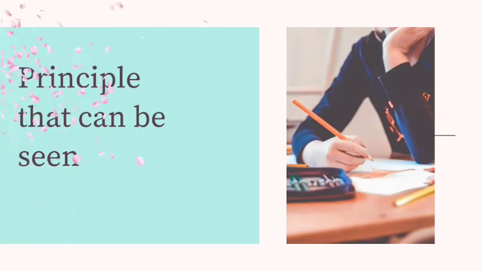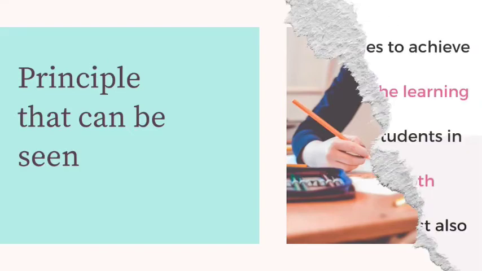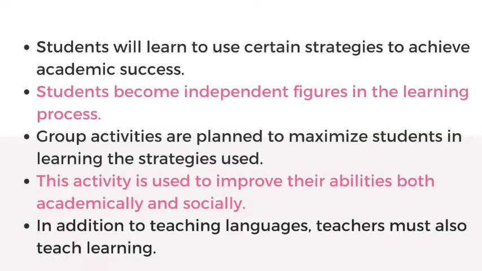From here, I found principles that can be seen from the learning process, such as students will learn to use certain strategies to achieve academic success. Students become independent figures in the learning process.